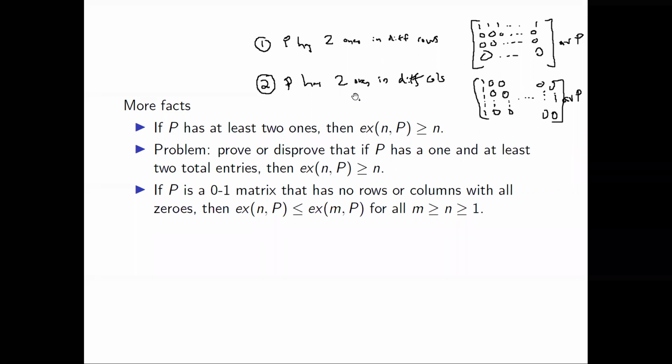And we can see that. So we can suppose that A is an n by n 0,1 matrix.